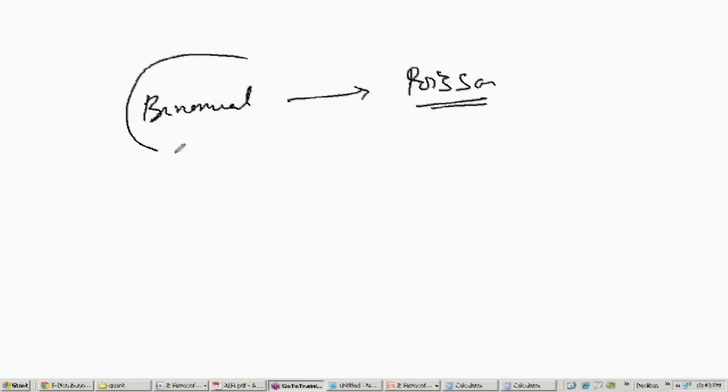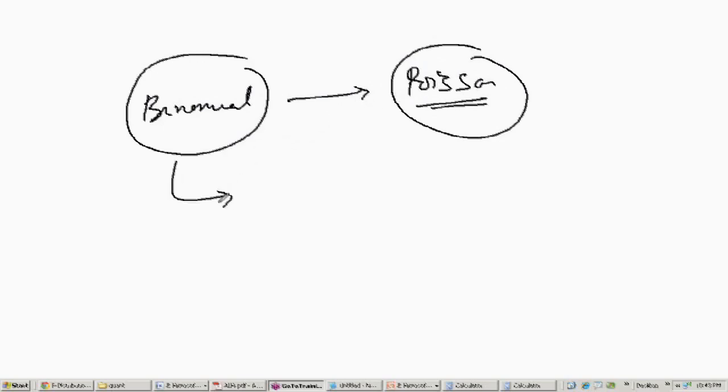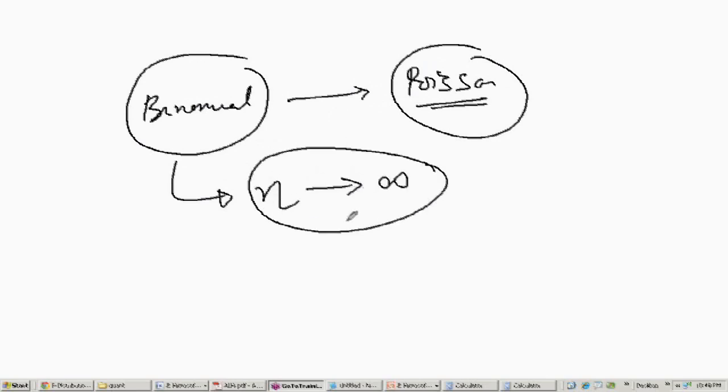Now there is a relationship between a binomial distribution and a Poisson distribution. You can make a binomial distribution a Poisson distribution. For that, what you need is to make the number of trials in a binomial distribution very large.